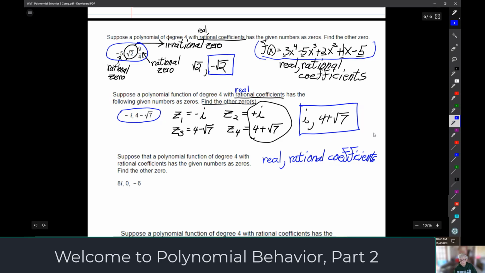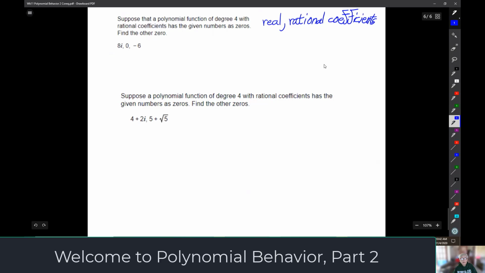Okay, now, there are just a couple more. I just want you to get the idea of this. Suppose you have a polynomial of degree 4 with rational coefficients. Well, here are the zeros you're given. What is the other zero? This is rational, real and rational. This is real and rational.